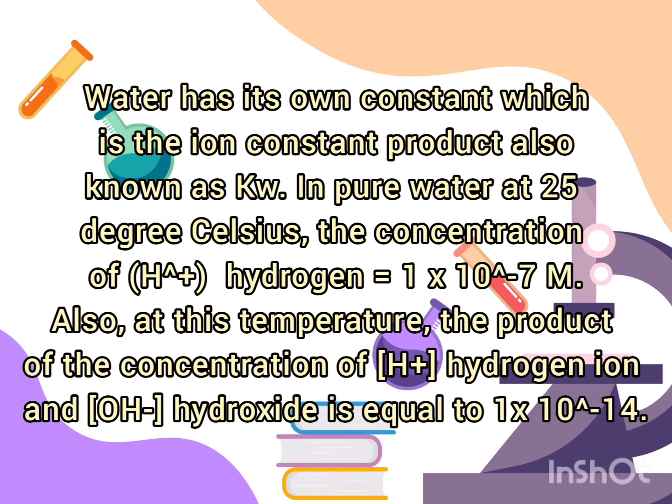Water has its own constant, the ion product constant, also known as Kw. In pure water at 25 degrees Celsius, the concentration of hydrogen is equal to 1 times 10 to the power of negative 7 M. Also, at this temperature, the product of the concentrations of hydrogen and hydroxide is equal to 1 times 10 to the power of negative 14.